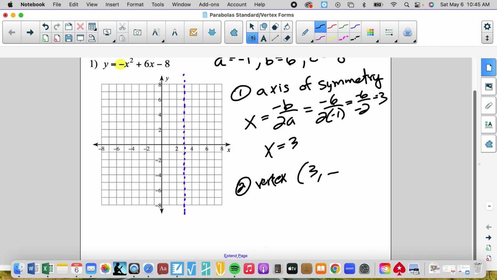And we have to find out what the y value is. So we do that by plugging that x value, 3, into the equation. So we have negative 3 squared plus 6 times 3 minus 8.